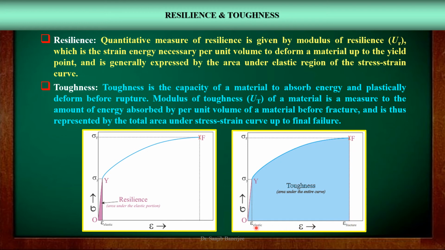In this figure, it is represented by this blue highlighted region under the stress strain curve. So, these are the quantitative measures and the graphical representations or approximations of resilience and toughness.